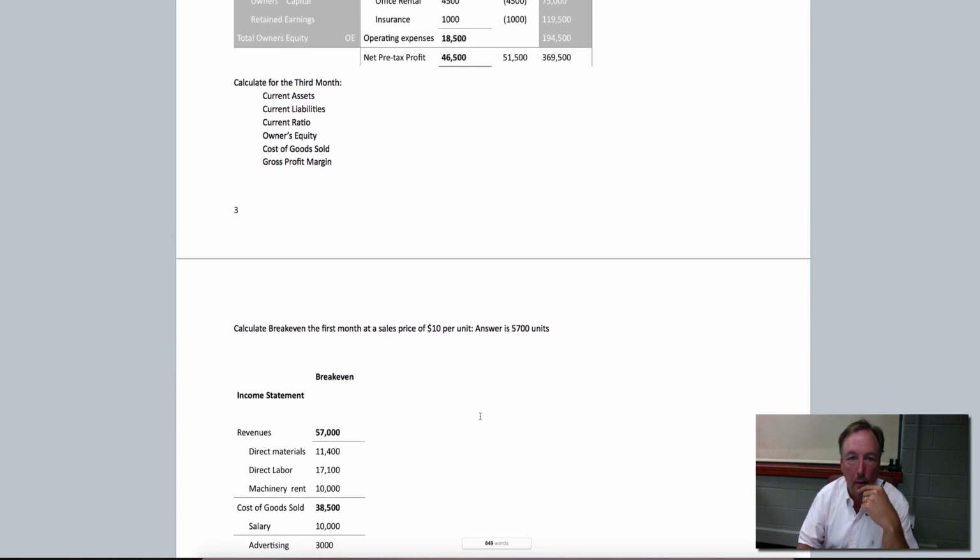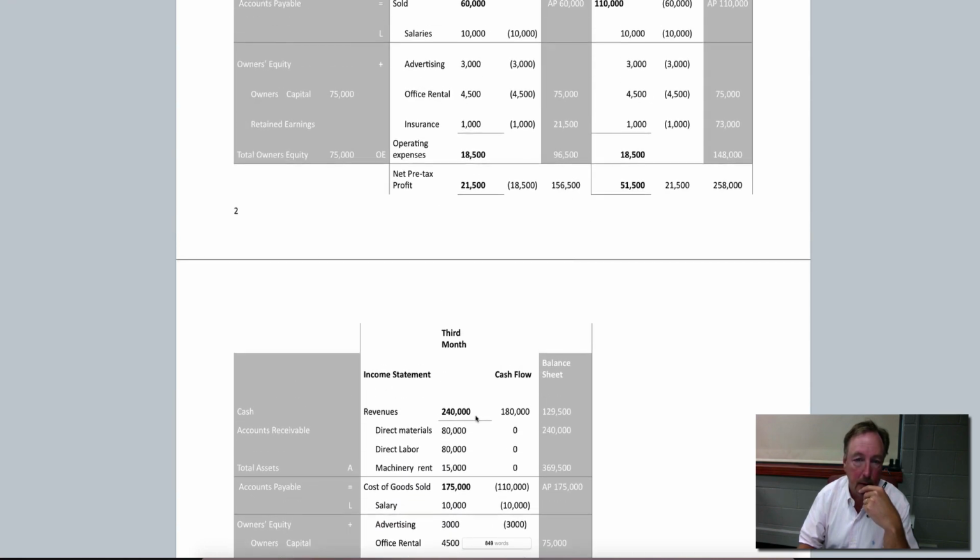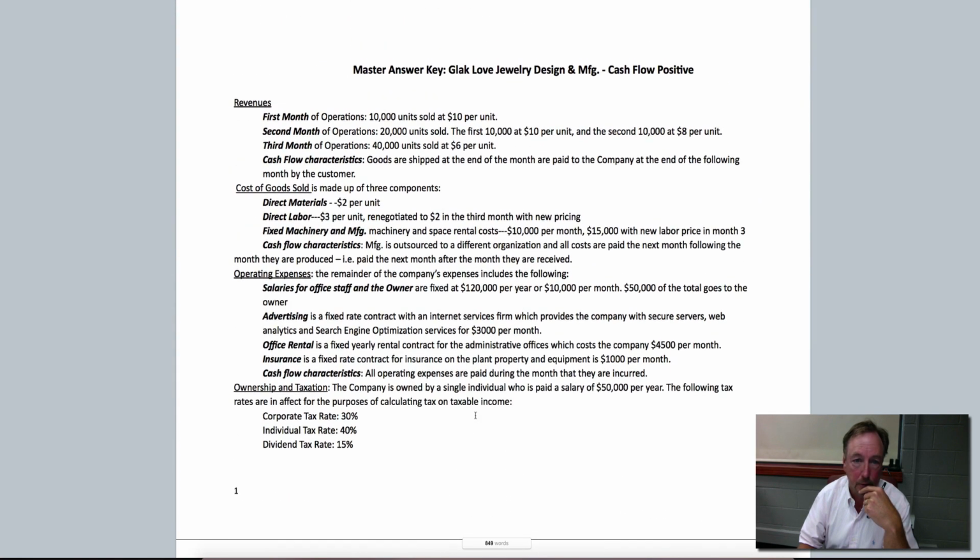What we want to know is under this scenario right here. Let's take the first month where we sell 10,000 units at $10 a unit. We have $2 a unit direct materials costs, $3 direct labor costs, and we have certain fixed costs. What we want to understand is what is the minimum amount of sales that Glak Love has to have before it can get into profitability.